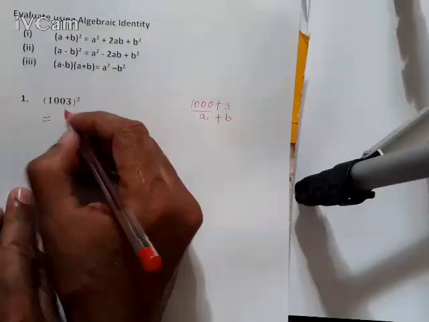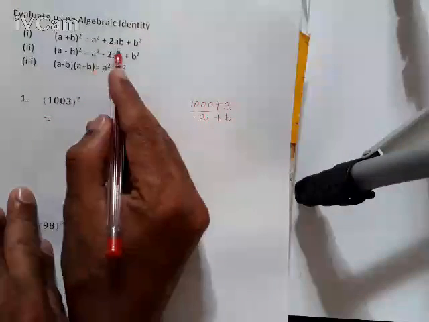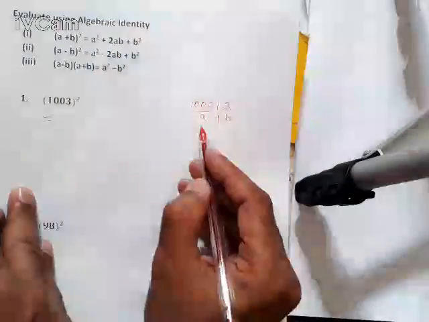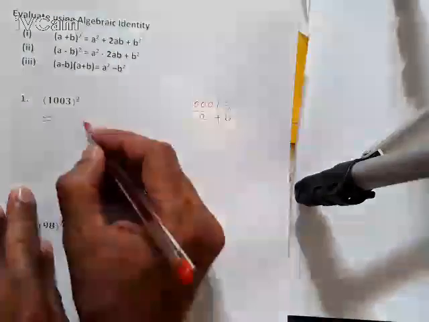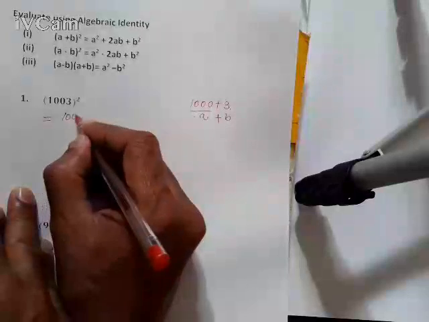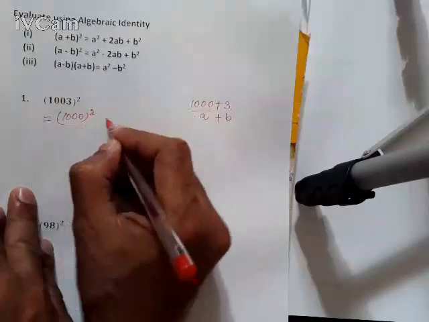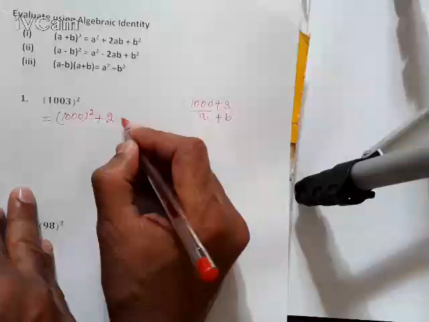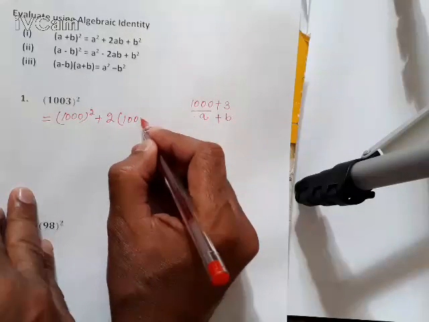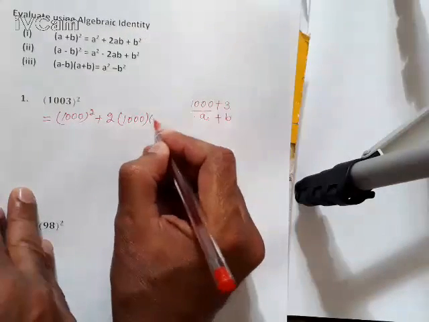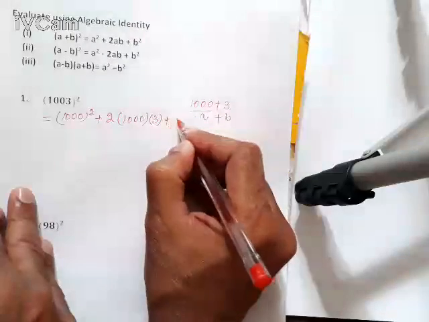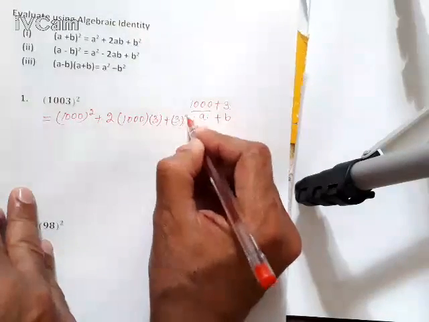Now in the first identity, the right hand side will be a square. So here a is 1000, so we will write 1000 whole square plus 2, the value of a is 1000, the value of b is 3, plus, and the value of b is 3 whole square.